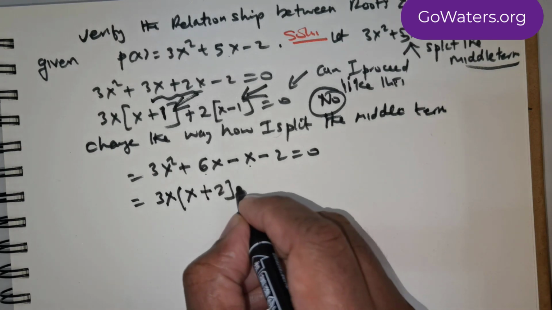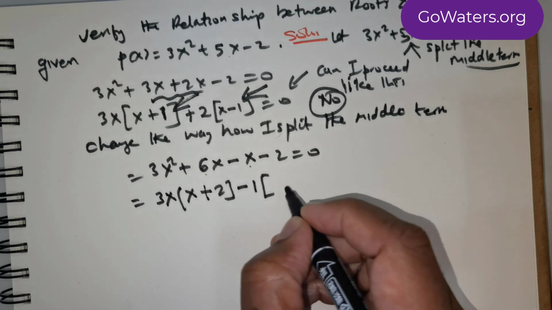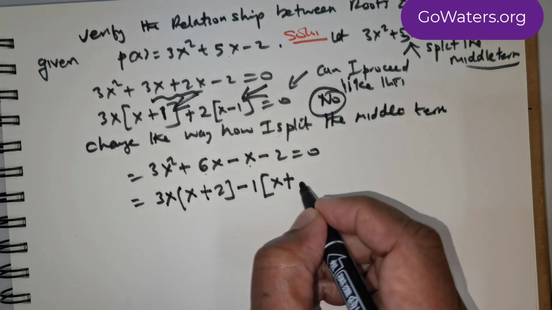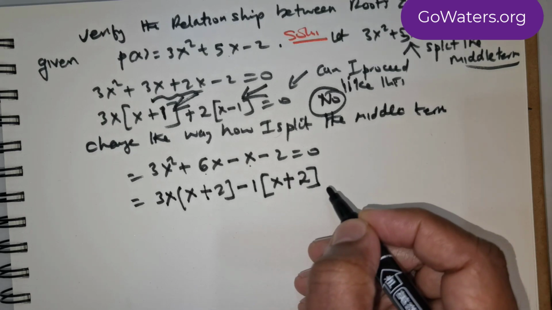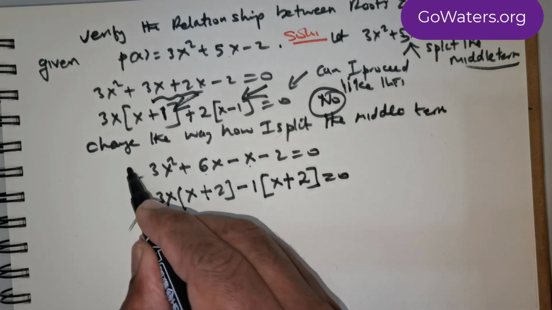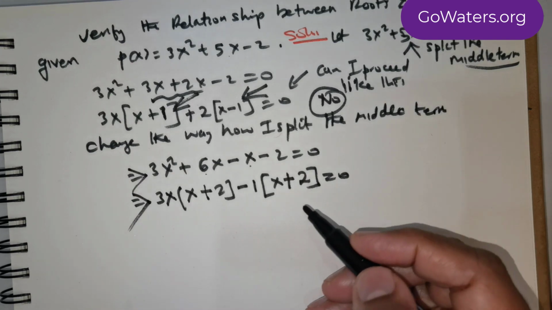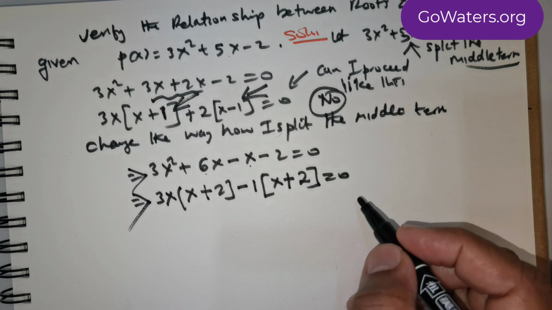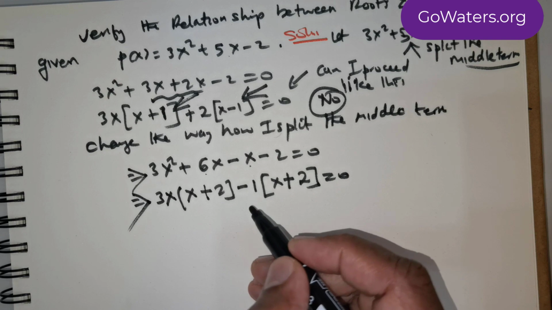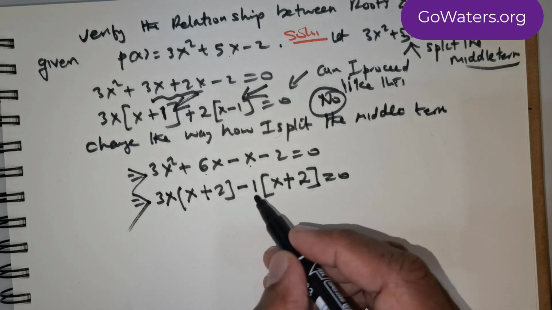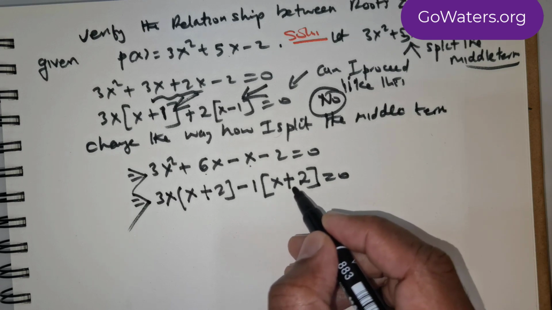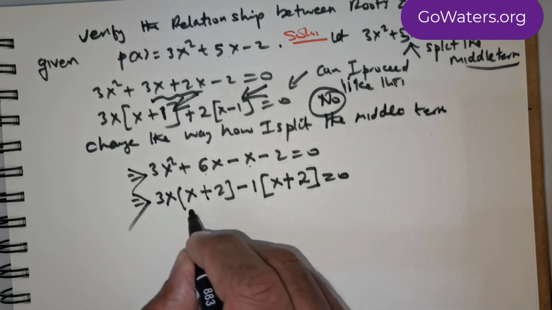Over here, let me take negative 1 out, and that would give me x plus 2. Negative 1 times x gives you negative x, negative 1 multiplied with positive 2 will give you negative 2. So now the split is perfect.